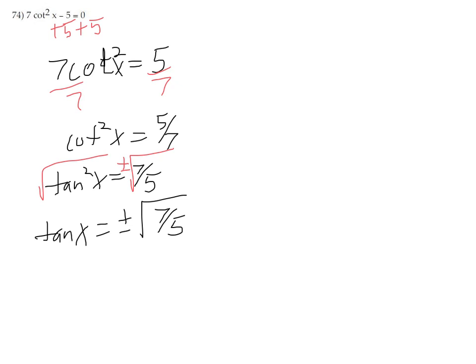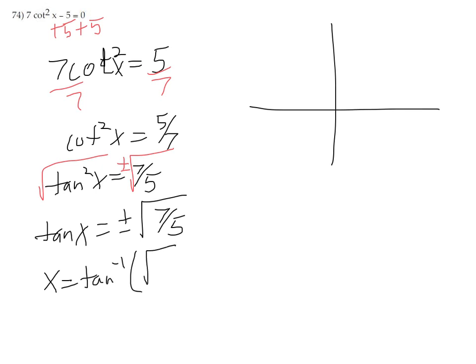Okay, where's tangent plus or minus? All four spots. Because we have the plus or minus that we got from taking the square root, because we had the squared in our original function, we're going to be able to have solutions in all four quadrants. So let's work with arctangent now. Let's work out x equals arctangent of square root of 7/5.